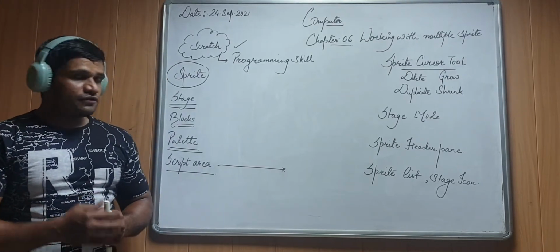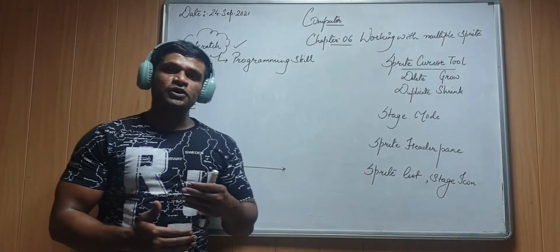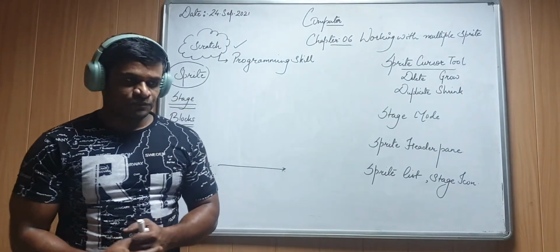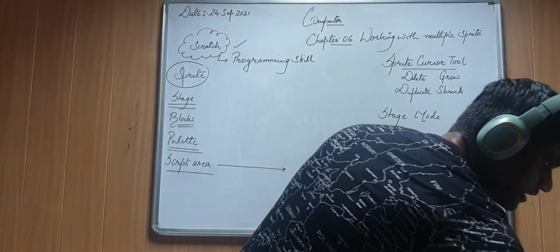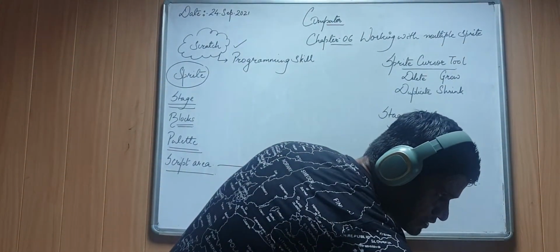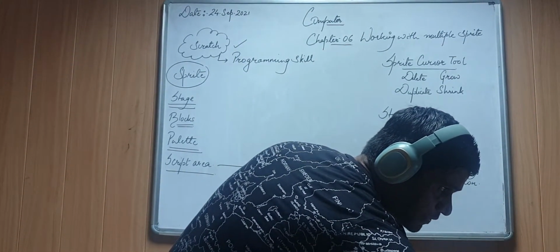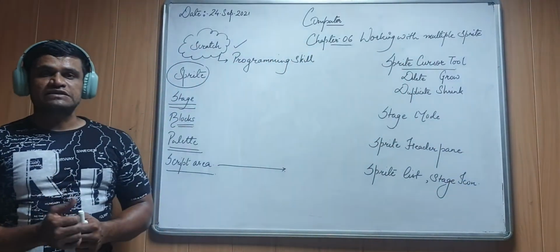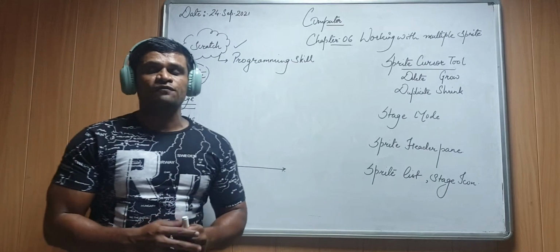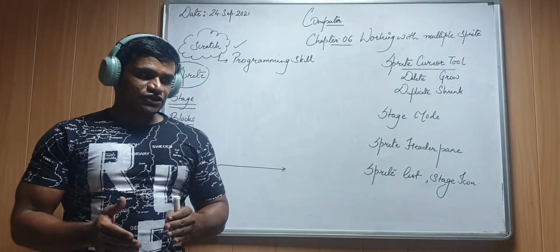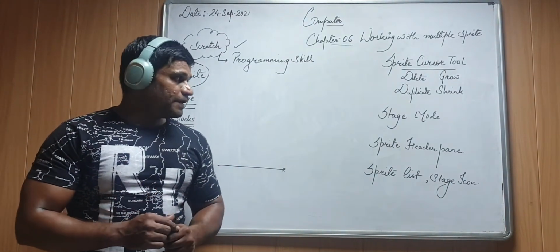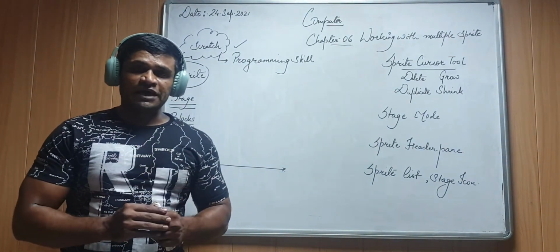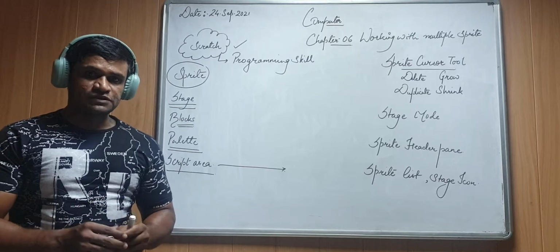In class 5, what are we going to learn? We are going to learn further about the Scratch window. As you can see on page number 63, we have the parts of the Scratch window, consisting of the sprite header pane and block palettes, that is, the different types of scripts which are available.